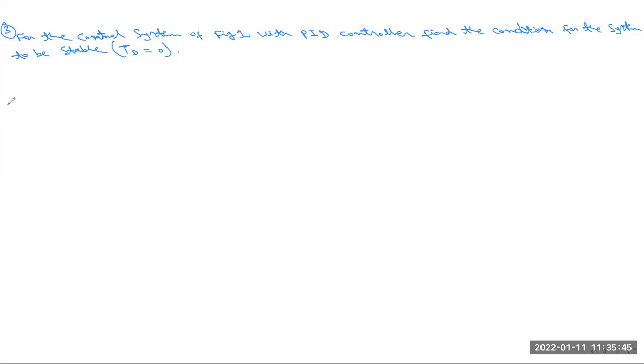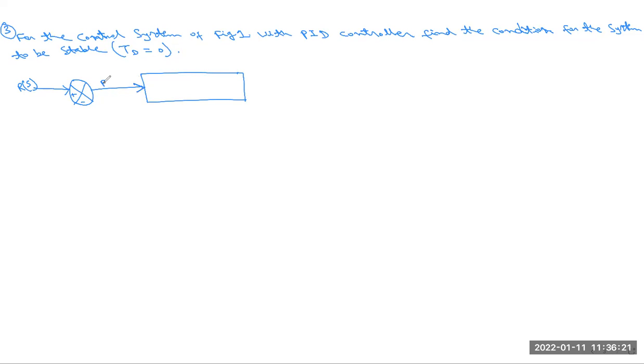So the figure, I draw the figure first. The input we have to give to a summing point, positive, negative.